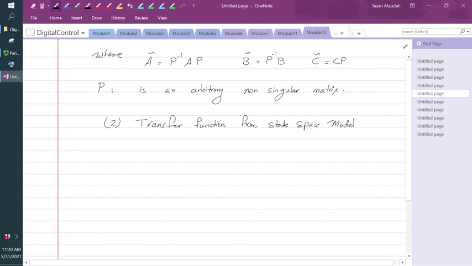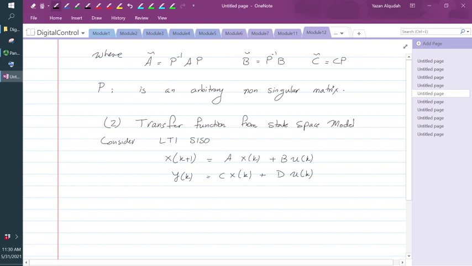So let's consider a linear time invariant single input single output system that is described by x of k plus 1 equal to A x of k plus B multiplied by u of k, and y of k is equal to C multiplied by x of k plus D multiplied by u of k.